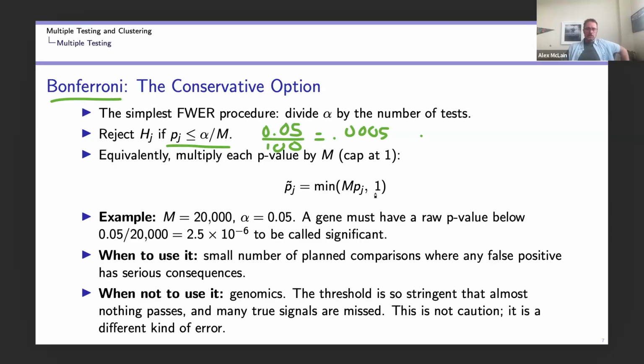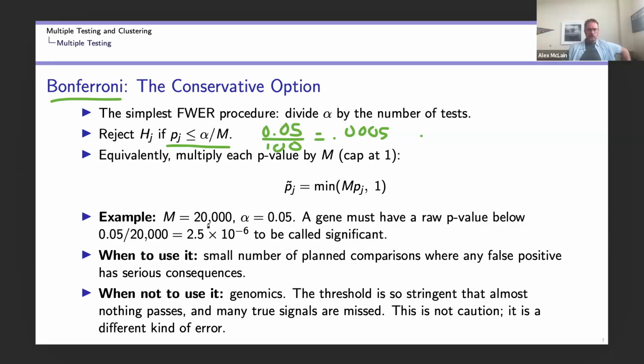We cap it at 1, of course, because p-values can't be greater than 1. And then these adjusted p-values, we just compare to the regular alpha level. So the unadjusted p-values, we would compare to this adjusted alpha level. The adjusted p-values, we would just compare to the regular alpha level. That's the difference between adjusted and unadjusted.